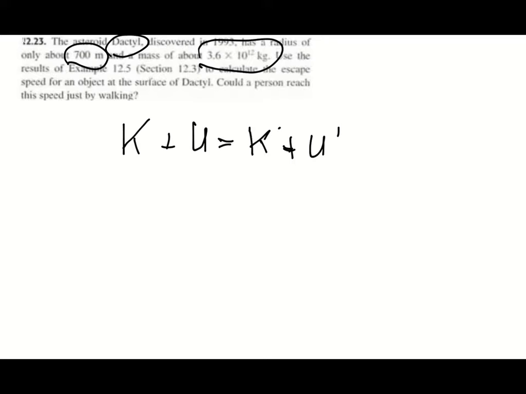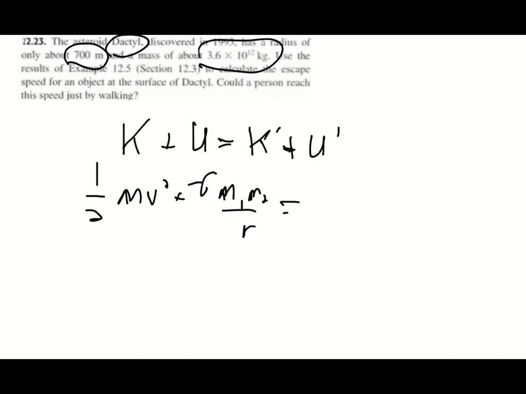We know that for the minimum escape speed, at the very end, we get really, really far away. So first we're going to have our energy here, 1/2 mv squared plus G m1 m2 over r. And remember, that's negative, so we're going to put a negative in front of that.